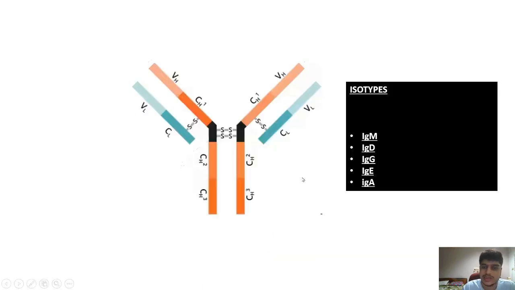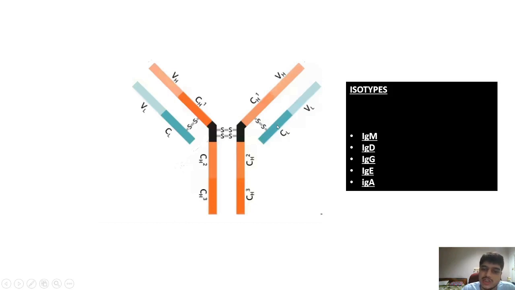So here in this diagram we saw this part, this light blue, is going to be produced by recombination of what segments? V and J. The VJ segment is going to give the variable region of the light chain, whereas the VDJ segments recombination is going to give the variable region of the heavy chain.